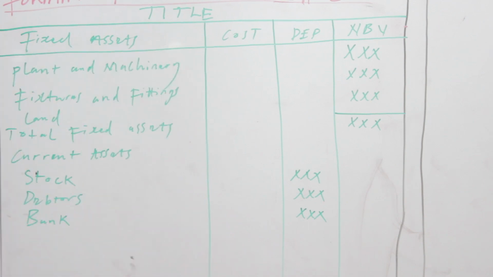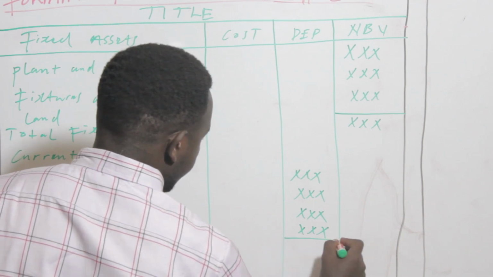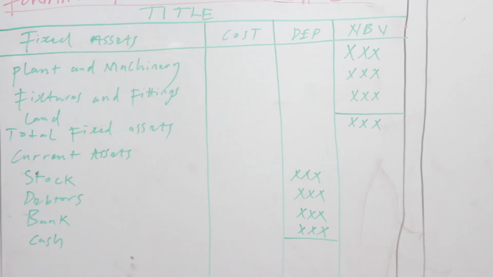Then we also have cash in hand. So this is going to be referred to as cash. So we can find the total there, and the total is going to be referred to as total current assets.